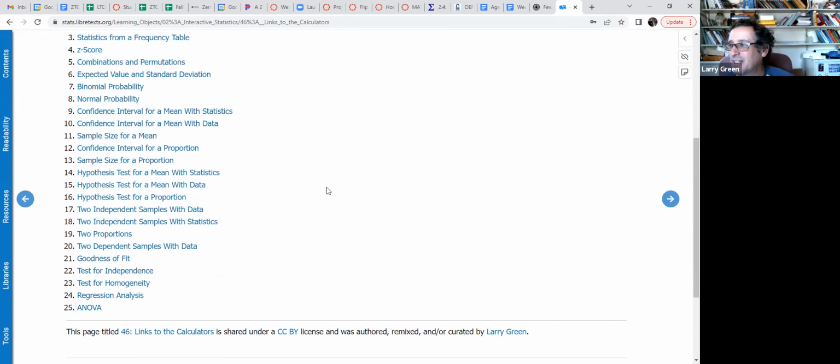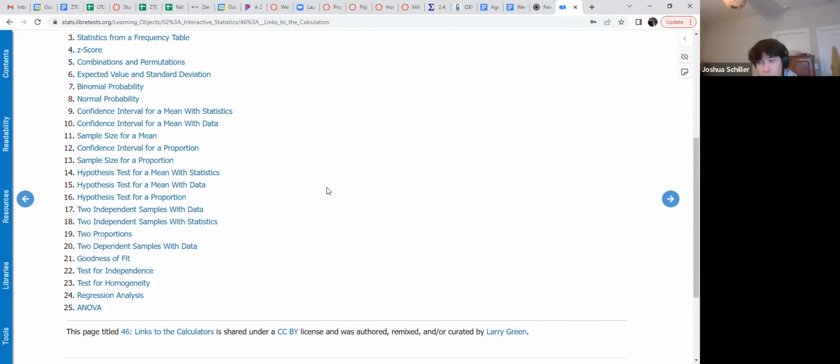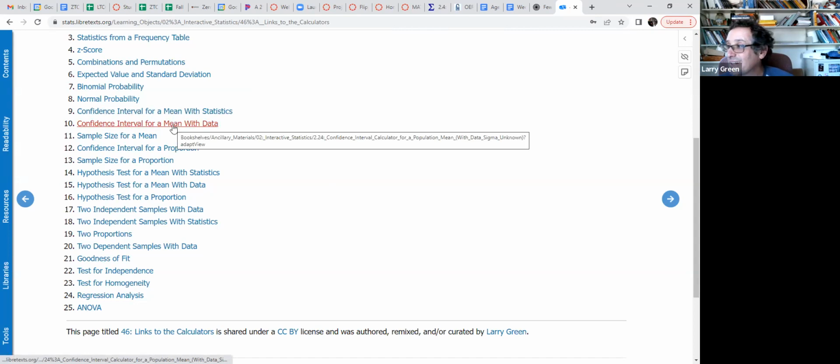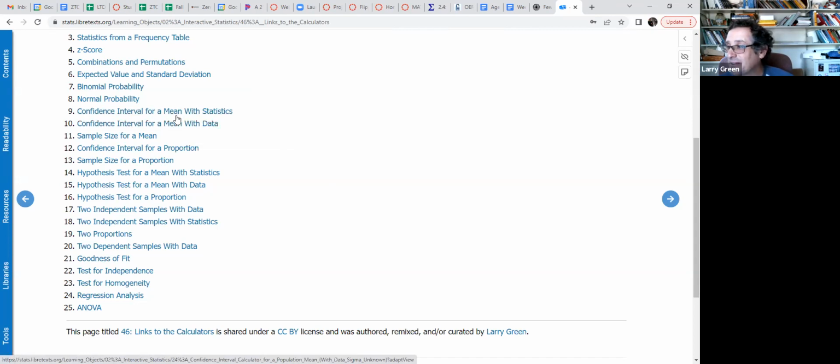It's not supposed to be too hard. Wait, so I was initially going to say 9, but what is the 10th calculator using data? Okay, so it's not 9 and it's not 10 because those are for means. We're not looking at means. We have a yes, no question. Do you see that? So which number is it?